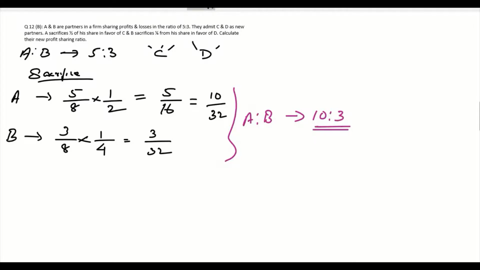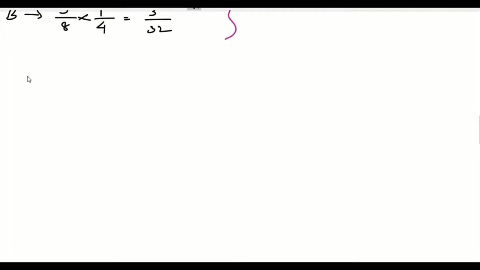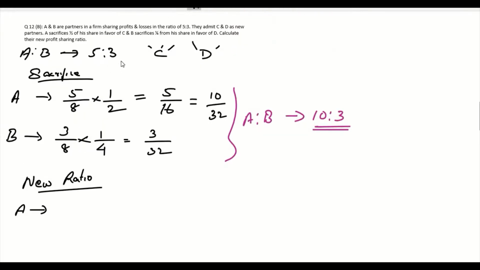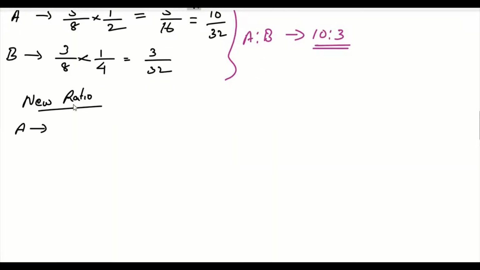Now we need to find the new ratio. New ratio for A, we have his original share, which is 5 by 8, minus his sacrifice, 10 by 32.